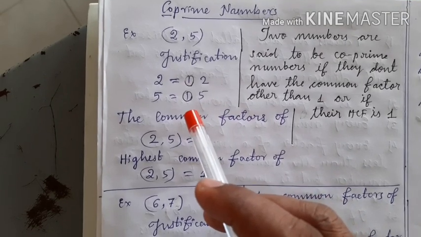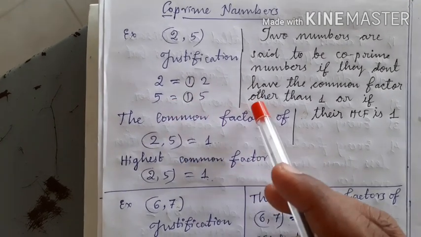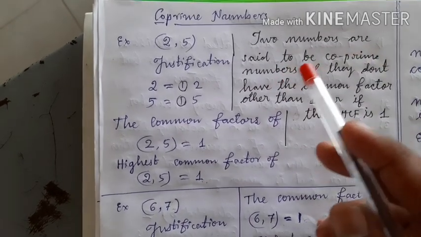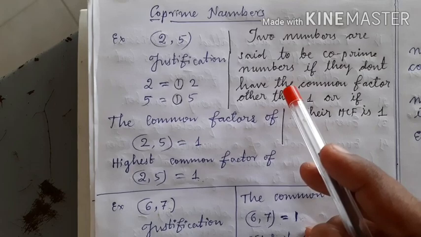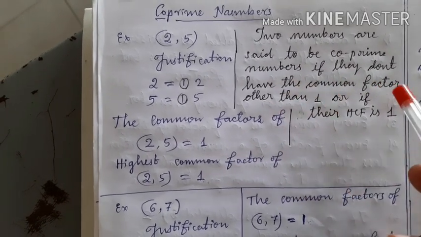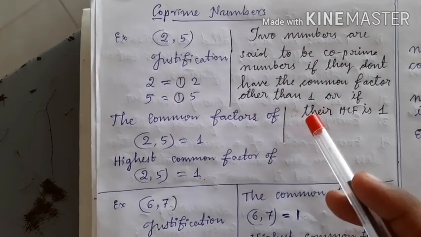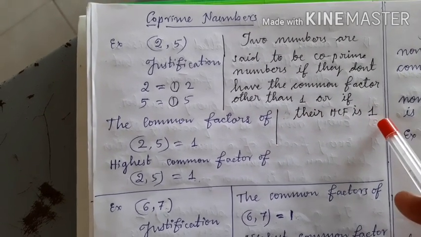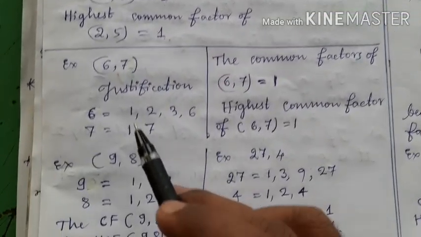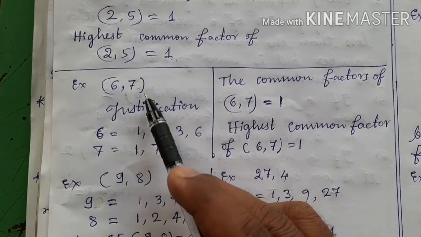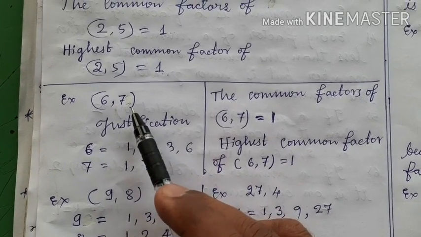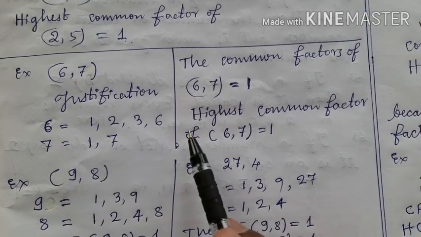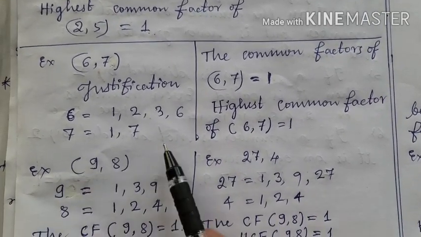Now let us recall what co-prime numbers are. Two numbers are said to be co-prime numbers if they don't have a common factor other than 1, or if their HCF is equal to 1. Let us take one more example: 6 and 7. 6 and 7 are called co-prime numbers because, list the factors of 6 and the factors of 7.